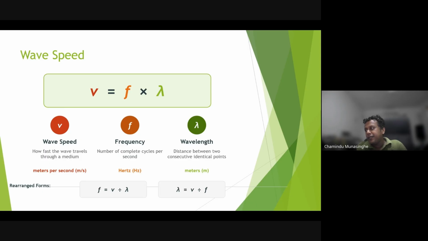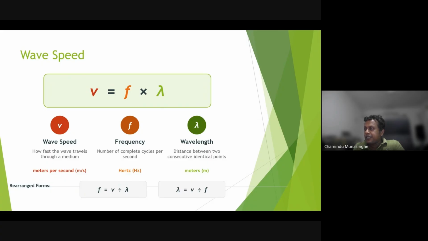Its unit is seconds to the power of minus 1, so 1 over seconds, and multiplying that gives you meters per second. So the units match, and from this formula we can derive a couple of things.